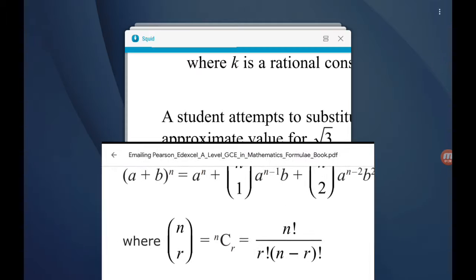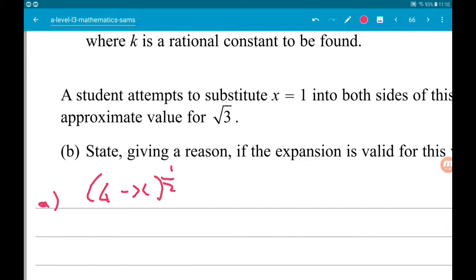So, what we're going to do is take out the factor of 4. So, in the front, we have a 4 to the power of 1/2. And then inside the bracket, we divide by 4. So we get 1 minus x over 4 to the power of 1/2.